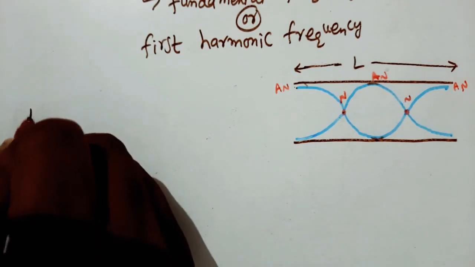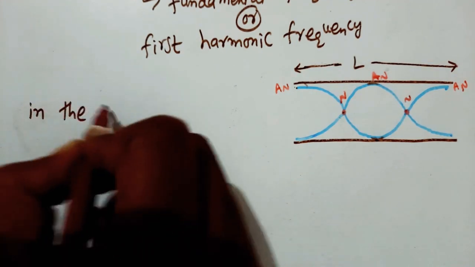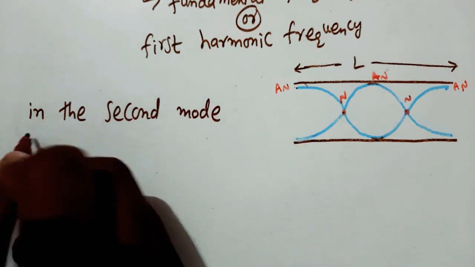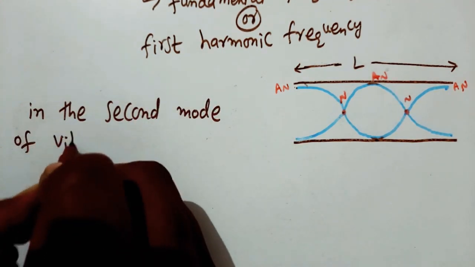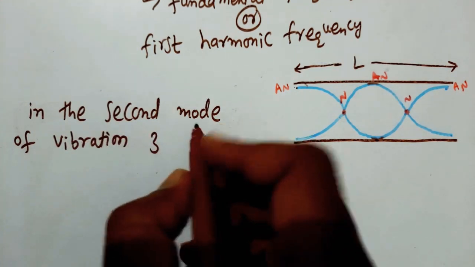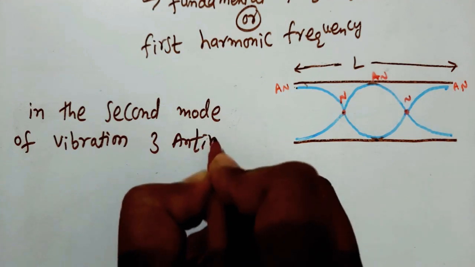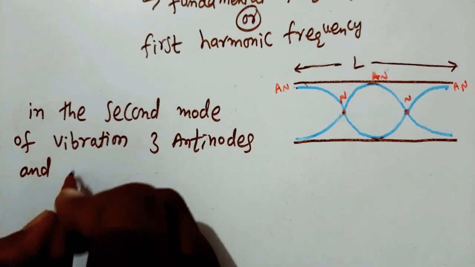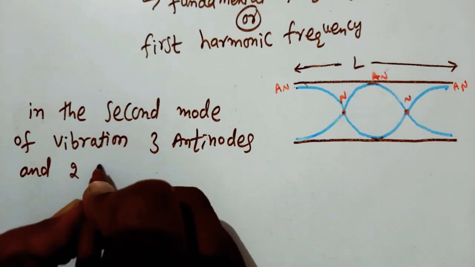So in the second mode of vibration, three antinodes and 2 nodes are formed.